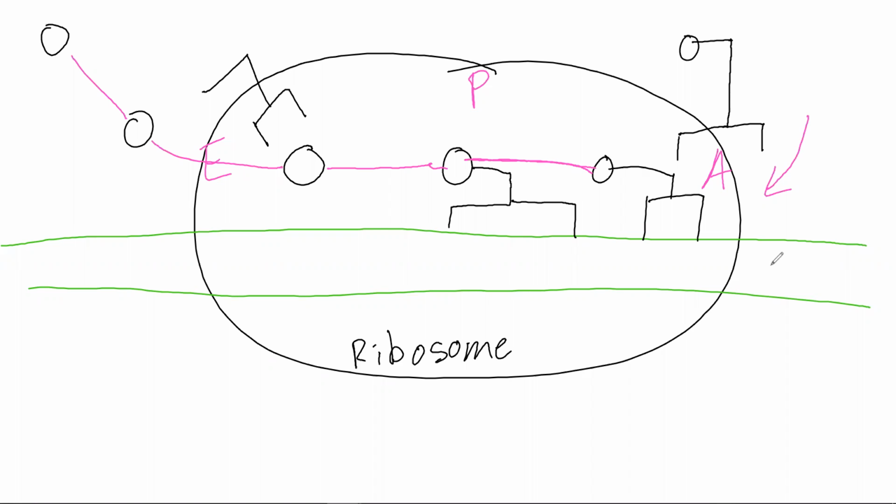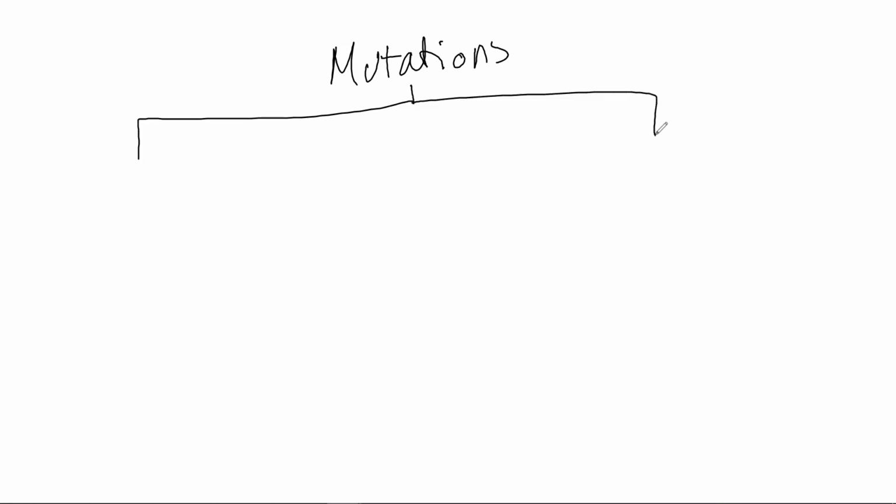So mutations come in two different varieties, right? Let's draw this out. Mutations come in two varieties. One is a point mutation, and the other is a frame shift. Now, a point mutation only happens at one base.